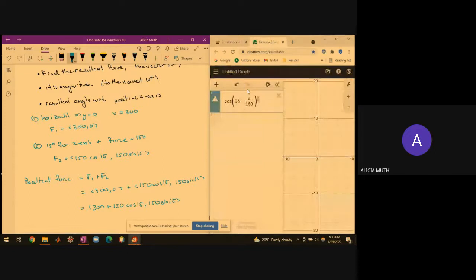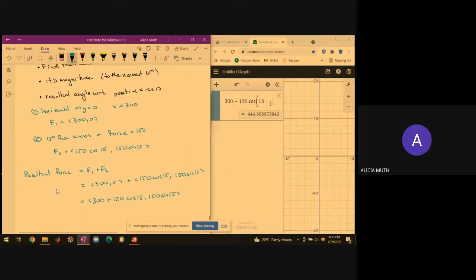So if we were to round this to the nearest tenth, just like it said, our x component would be 444.9. And then for our y component, we're interested in 150 times sine of our angle, which is approximately 38.8.